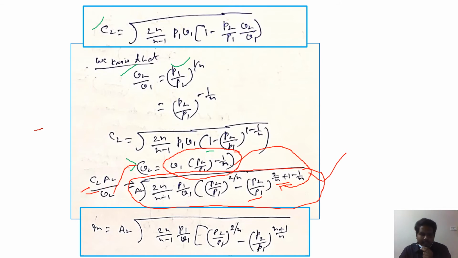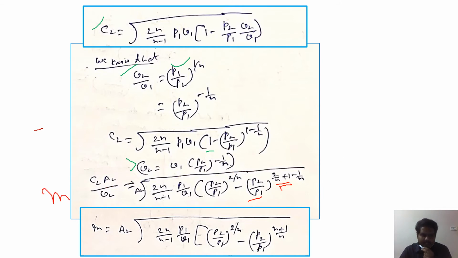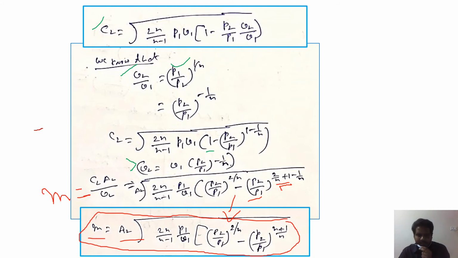Now finally, the mass flow rate is m equals A2 into square root of 2n by n minus 1 P1 by V1 [(P2 by P1)^(2/n) minus (P2 by P1)^((n+1)/n)], after simplifying the above equation. So from this equation we can find the mass flow rate of the fluid inside the nozzle.